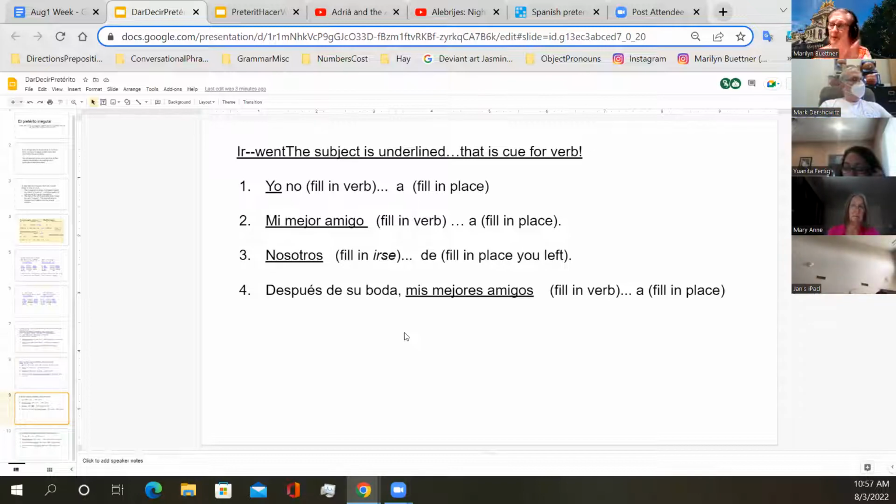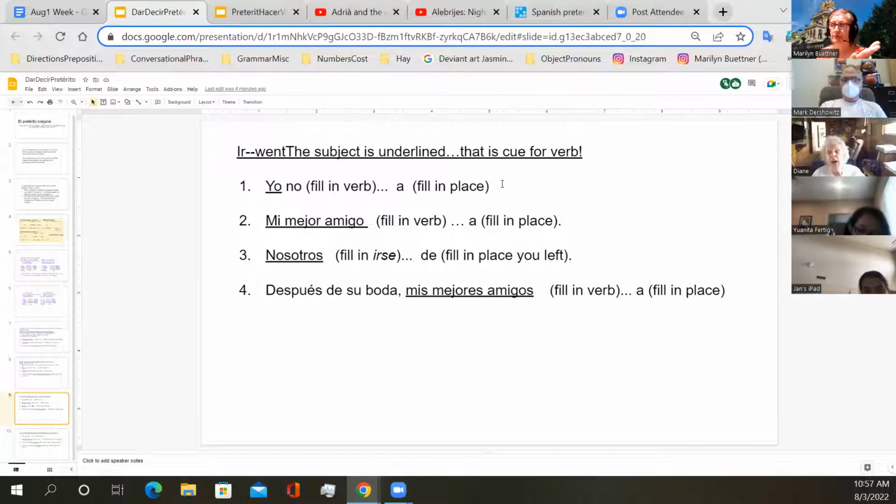Wow, we're running about, well, you know, this takes a while. Ir, okay. This is in that FU starting with the stem starts off with the FU, fu, like fooey. All right, fui. I didn't go to some place. Yo no fui al parque ayer. Yo no fui a Arizona cuando hacía calor.